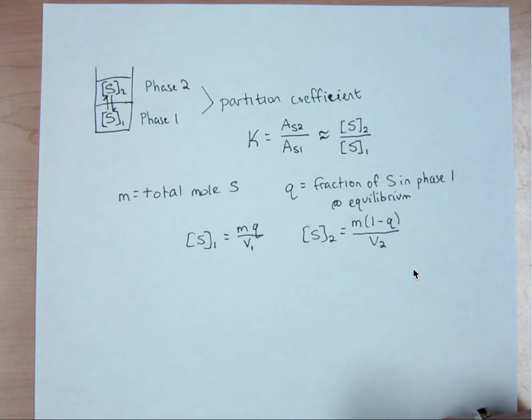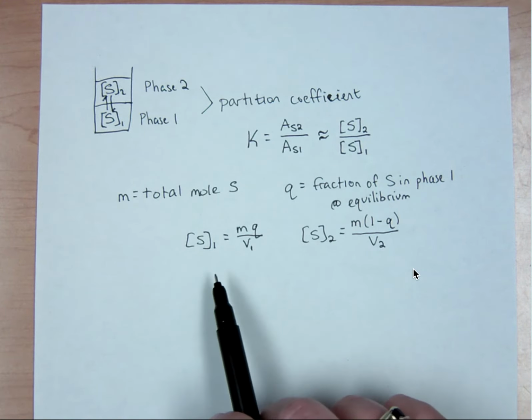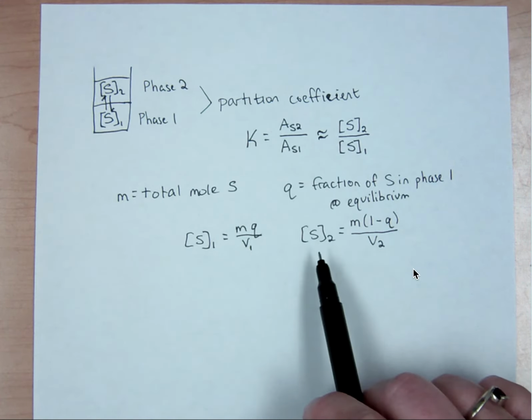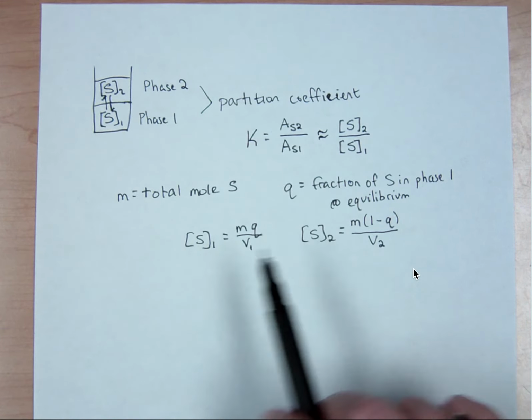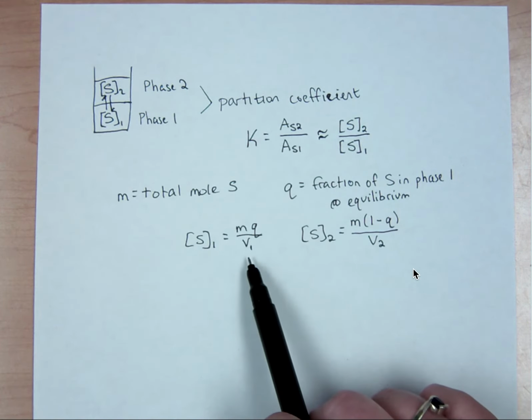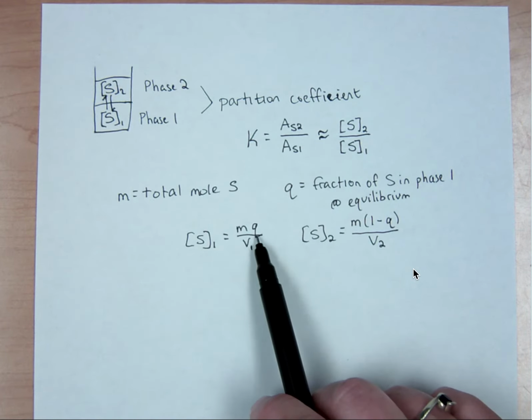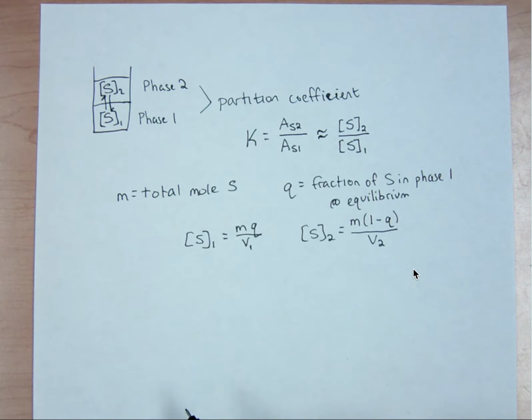So I now have these two expressions for my concentration of the analyte in terms of total moles, the volume of each, and this fraction of the analyte in phase 1.